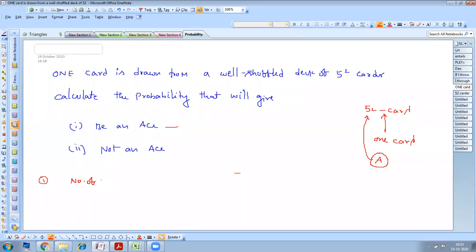So the number of outcomes favorable to E is 4. The number of possible outcomes is 52. So the probability of getting an ace is 4 by 52, that is 1 by 13.